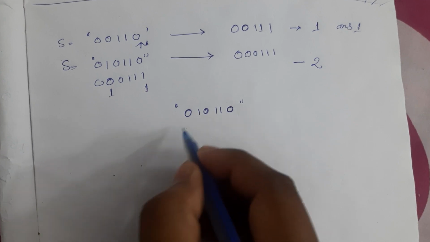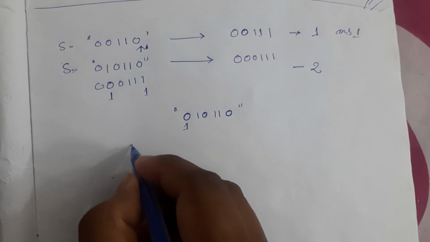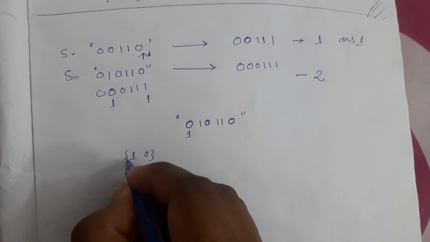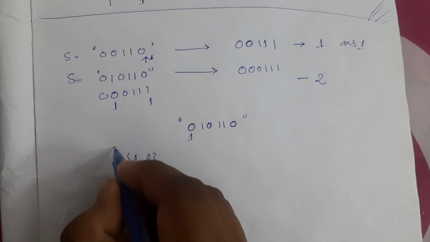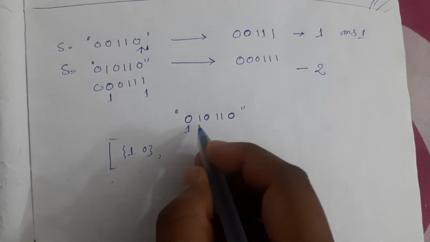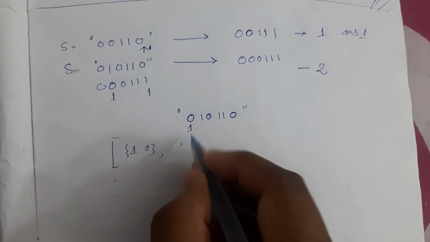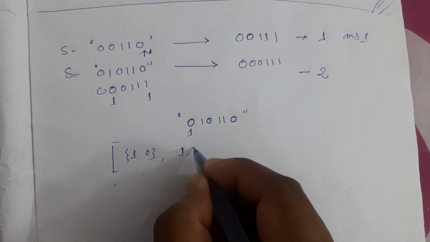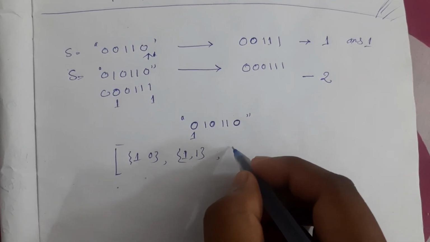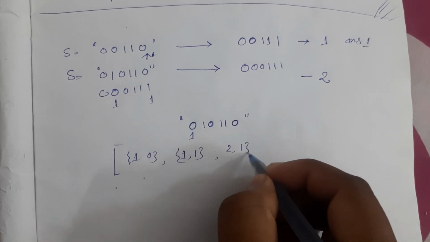So in the front array, at the first position the number of 0 is 1 and the number of 1 is 0. Here the number of 1 is 1 and the number of 0 is also 1. Again here the number of 0 is 2 and the number of 1 is 1.